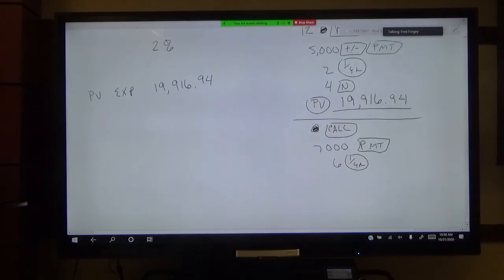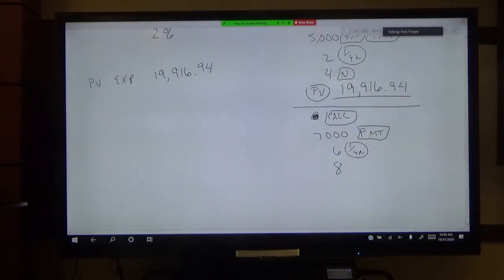And that 7,000 is occurring for 8 months, so 8N. So the first piece of this is just simply solving for the present value. Then we get 54,760.71.